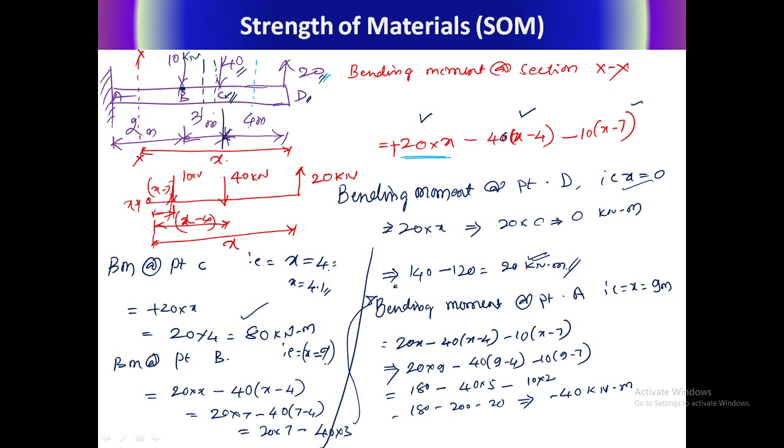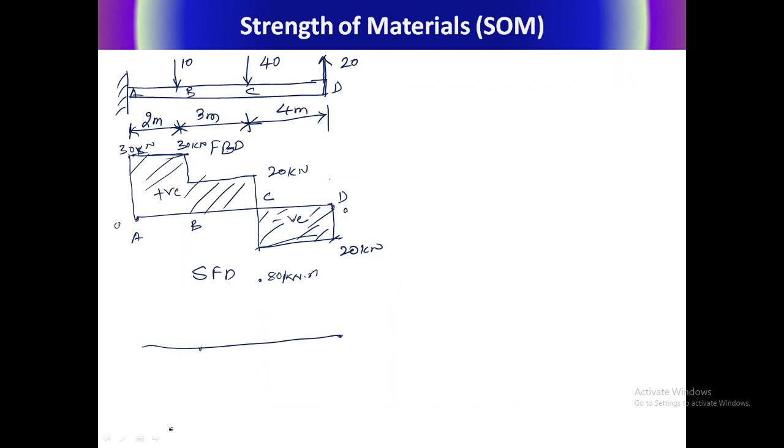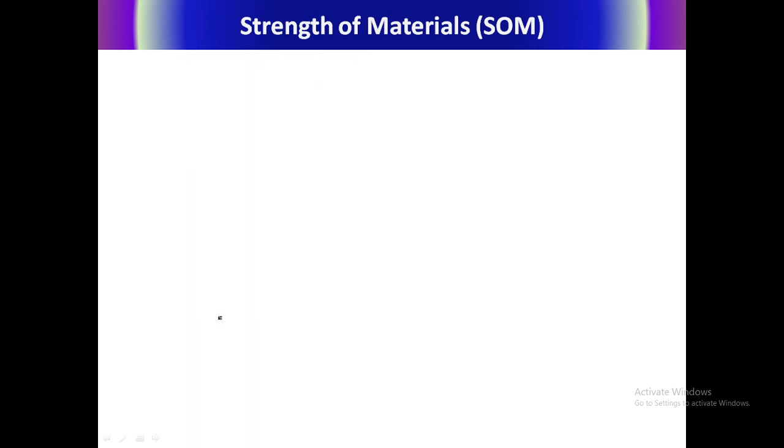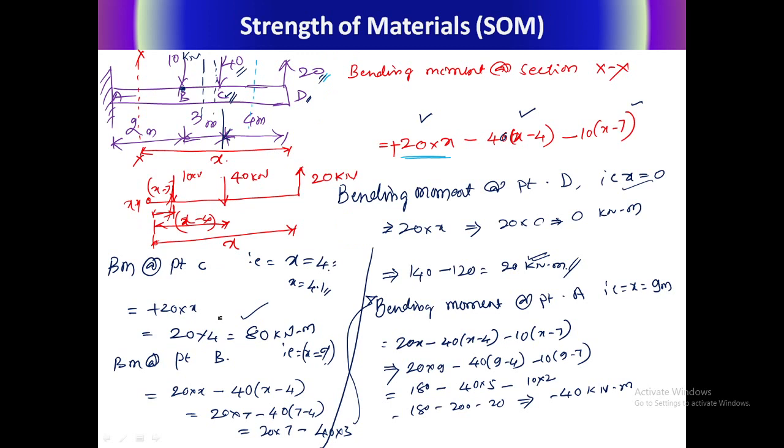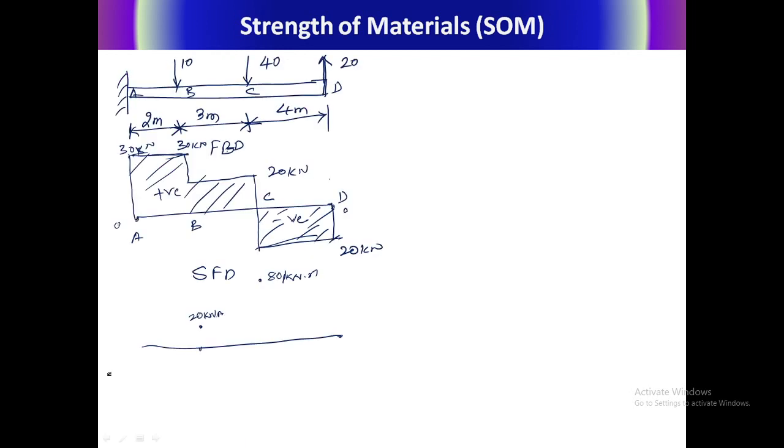Now we are plotting the bending moment diagram. Now it is 20 kilonewton meter. This is 20 kilonewton meter. Now at point A, minus 40 kilonewton meter here. Minus 40 kilonewton meter.